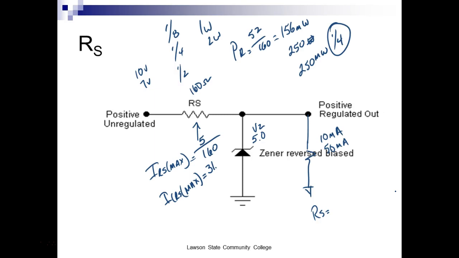Let's say minimum voltage over the maximum current. Is that what it said? I think that's what we did. So that's what we did wrong. So this would be 5 over 50 milli, 51 milli.